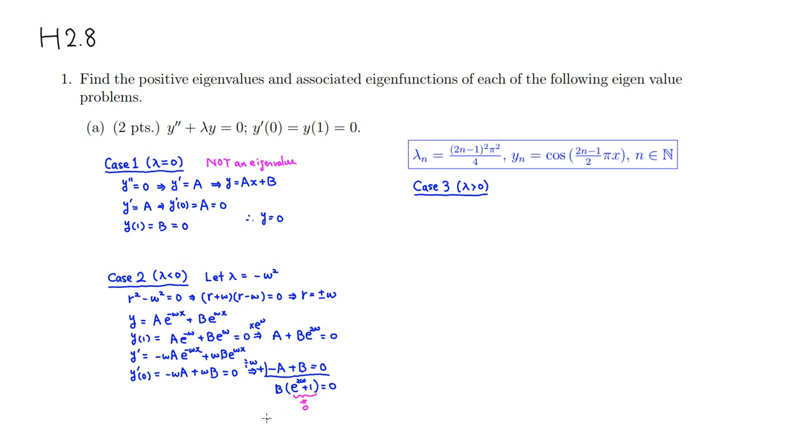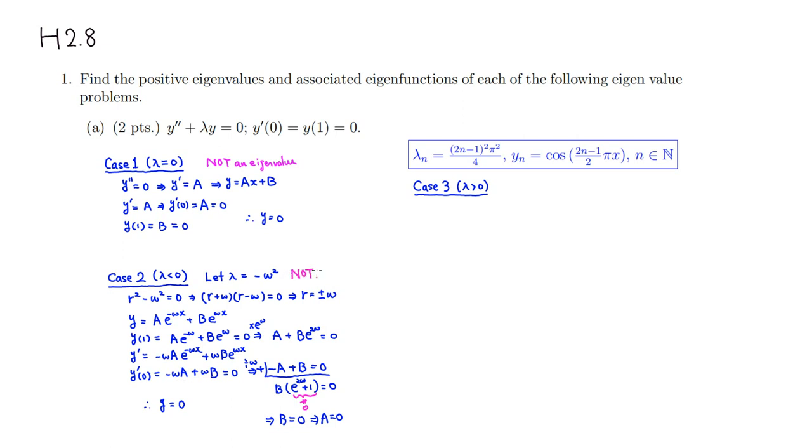Because negative a plus b equals 0, a is 0 too. Therefore, again, we only get a trivial solution, so this is not an eigenvalue.